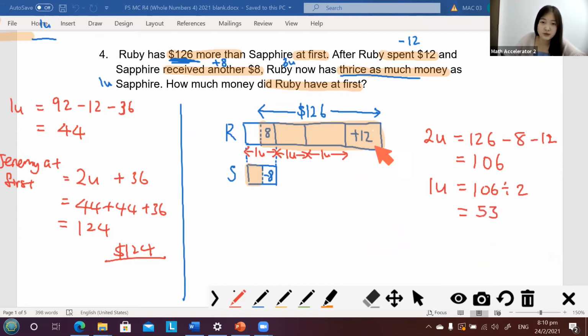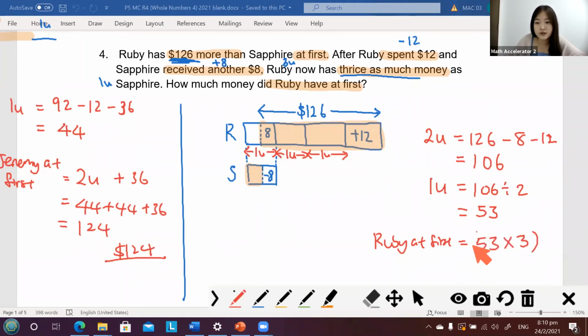Final answer to find Ruby at first. Remember Ruby, you must look at your model. Which part of it must you use in your final answer? Good, I see some answers. 53 is 1 unit, and Ruby has 3 units, so you times 3.